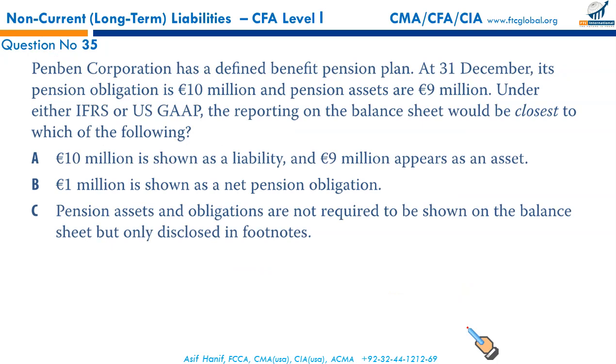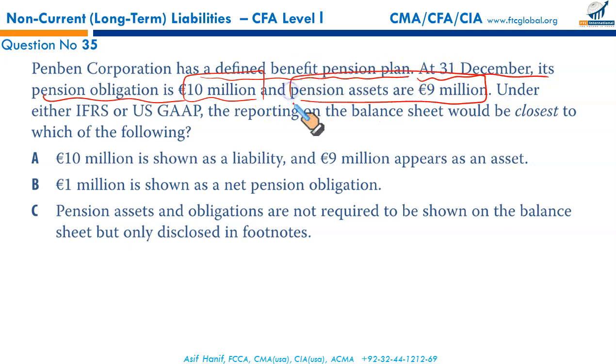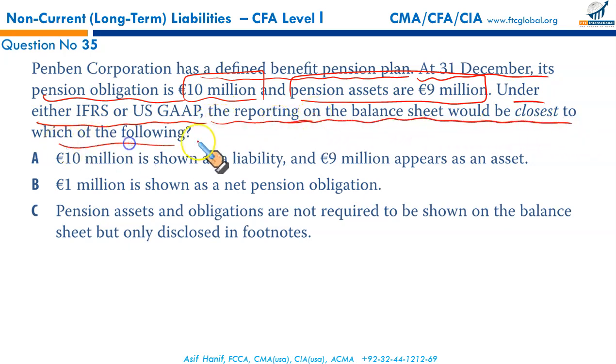Last question and then we are done. Penben Corporation has a defined benefit pension plan. At 31st December, its pension obligation is 10 million and pension assets are 9 million. Under either IFRS or US GAAP, treated in the same way, the reporting on the balance sheet would be closest to which of the following?